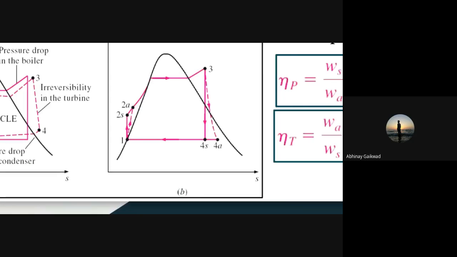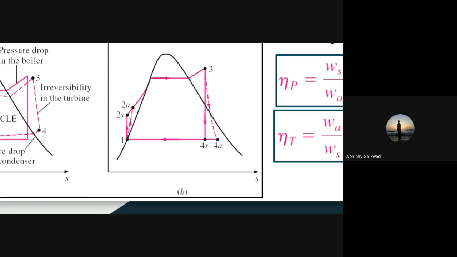Now, of particular importance are the irreversibilities occurring within the pump and the turbine. The pump requires a greater work input, and the turbine produces a smaller work output as compared to the ideal case, due to the irreversibility. Under the ideal case, the fluid flows through these devices isentropically.